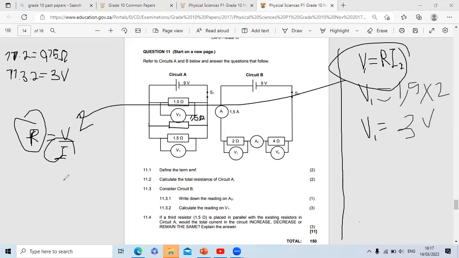So when we add another resistor in parallel, we're decreasing the resistance and increasing the current. So our answer is going to be increase, and the reason is the same as I gave you: when we add a resistor in parallel, we decrease the resistance and increase the current.